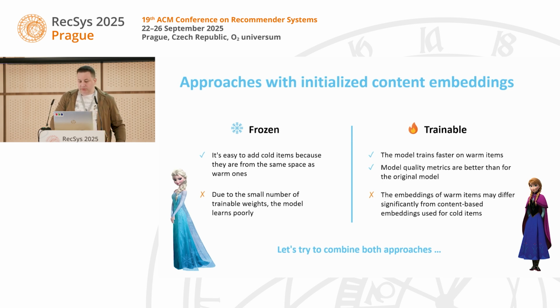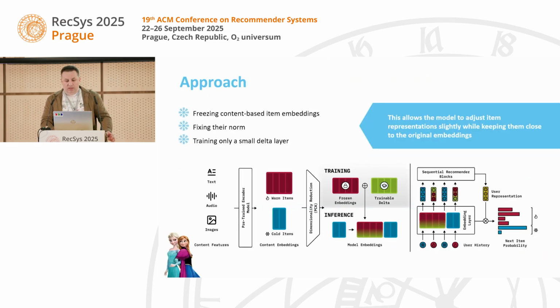So we decided to combine both approaches, and our solution is here on the slide. For every item embedding, we combine two parts. The first part is frozen. As you see on the slide, it's a content-based vector that never changes during training.